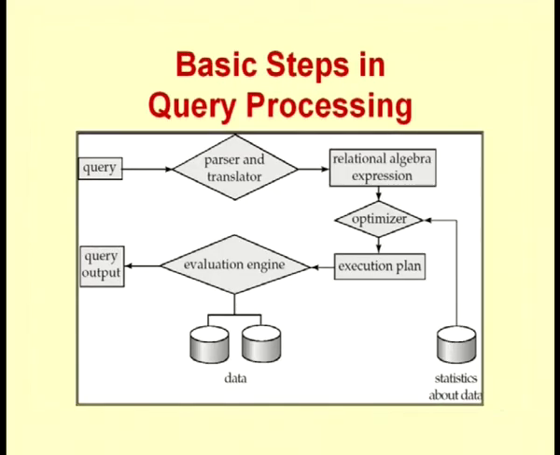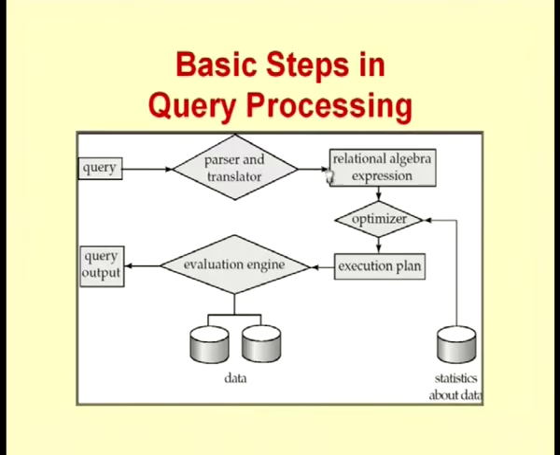This is the basic steps in a query processing system. You give the query and then the query is parsed and translated, that is, converted. Suppose you say select something from something, there is a parser available, an SQL parser for example, which converts it into a relational algebra expression. What you get as output from the parser is a relational algebra expression. This relational algebra expression is optimized.